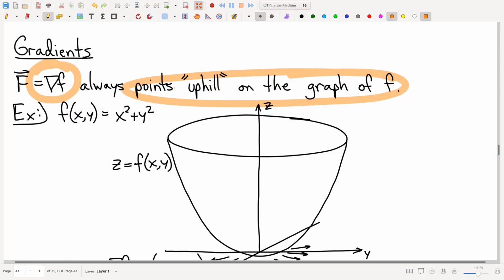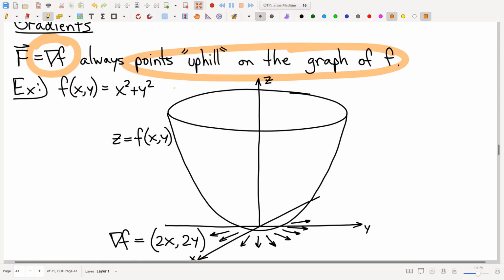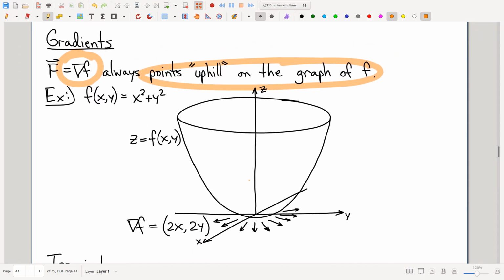Nothing new there. The observation I'm going to make is just that, hey, check it out. When you write down the formula for the gradient, there's the formula for this particular function. The gradient is a function. You plug in different points, you get different vectors. Oh my gosh, that's what a vector field is.